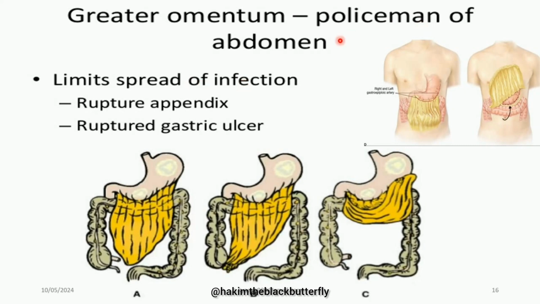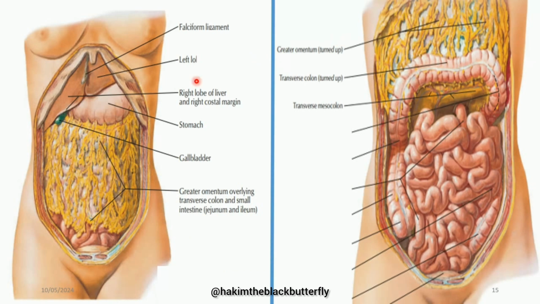For example, if a patient unfortunately has, let's say, chronic ulcers in the stomach, and those ulcerations cause perforations or holes within the stomach, of course we know that the stomach contents can easily leak into the abdominal cavity.